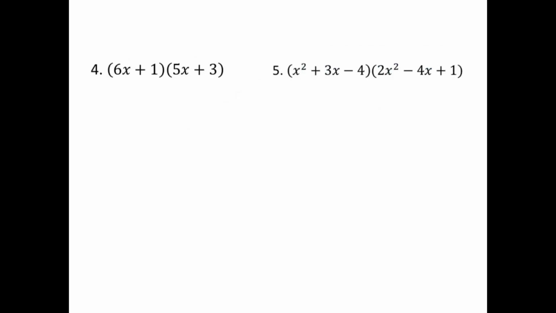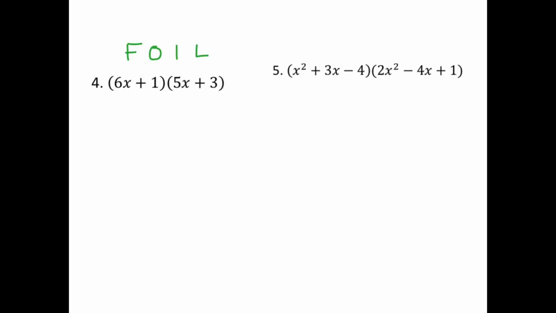Okay, these next 2 problems I'm going to do with you also. Number 4, I have a binomial times a binomial, so I'm going to go ahead and FOIL that. Again, please keep in mind that the FOIL just stands for the first, outer, inner, and last, which is just the placement of the terms that are going to be multiplied.